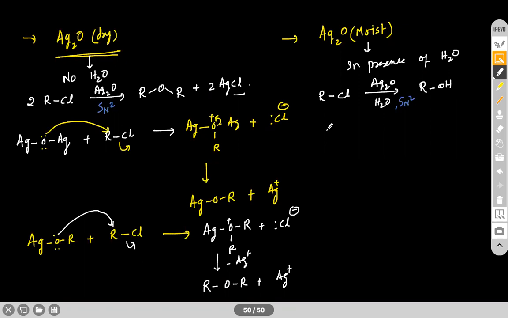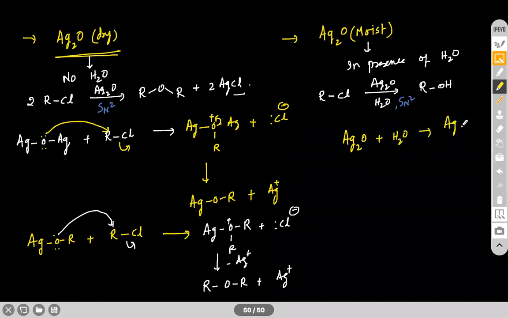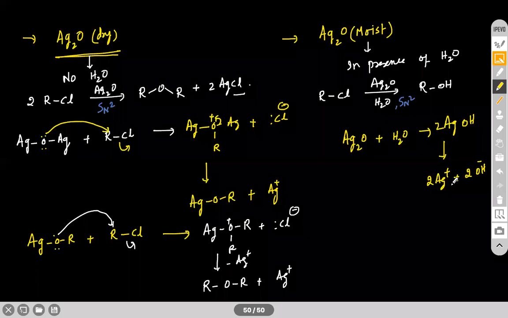Now in this, what happens? Ag2O, since it is moist, so water is also present here, it combines with this and forms two molecules of silver hydroxide, which produces 2 Ag plus and the nucleophile is OH minus.